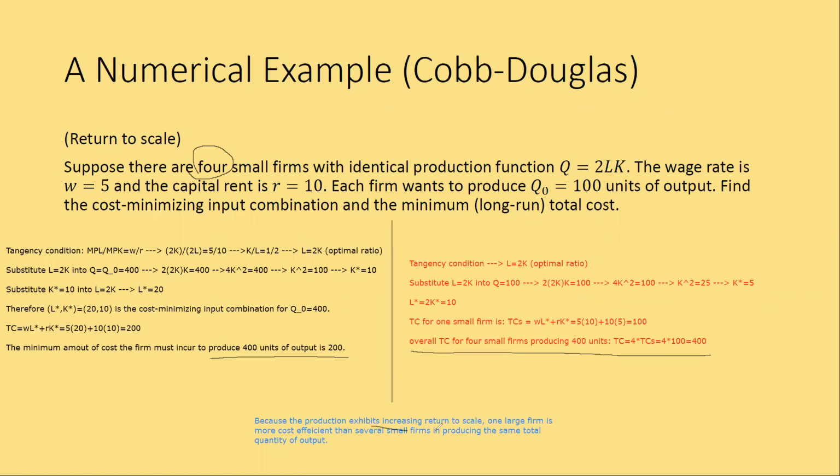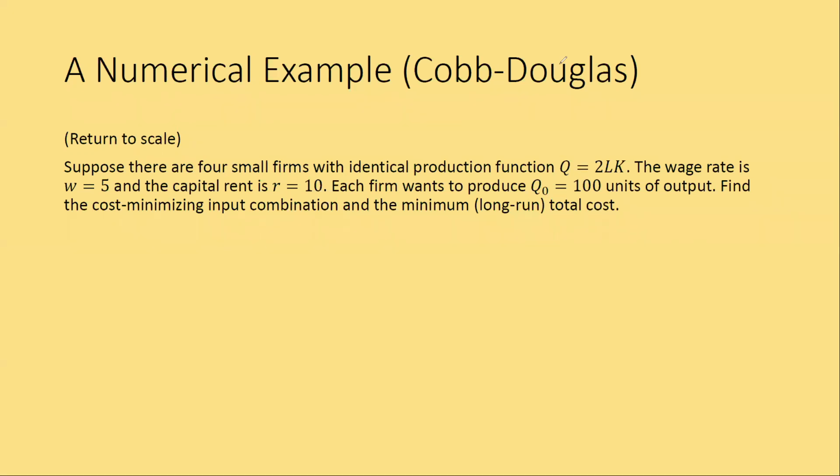Increasing return to scale over here, so that one large firm is more cost efficient. If you have constant return to scale, the firm size doesn't matter. If you have decreasing return to scale, smaller firms will be more efficient than large firms. So have I missed anything? Right, I think that's what I want to say.